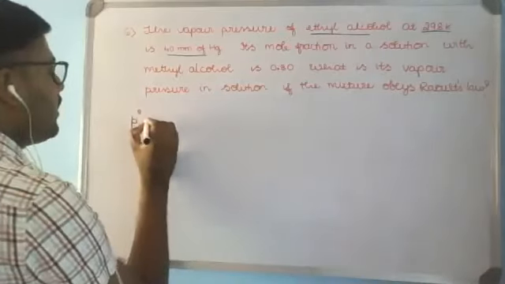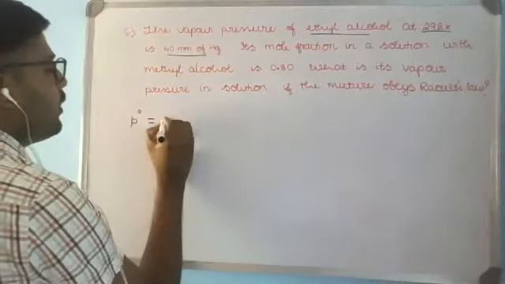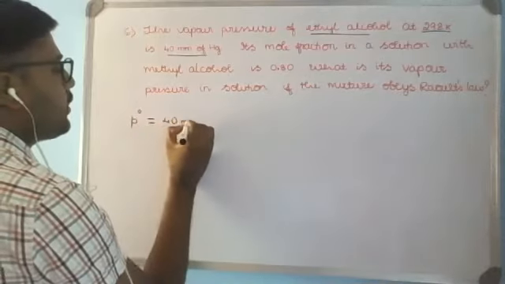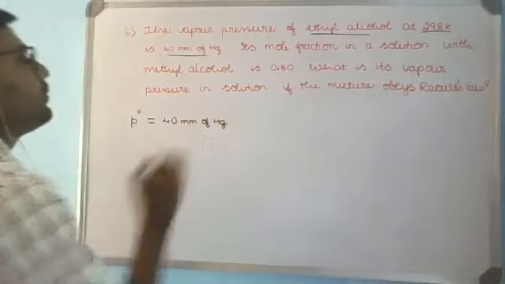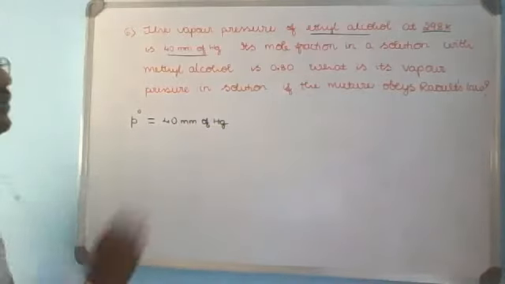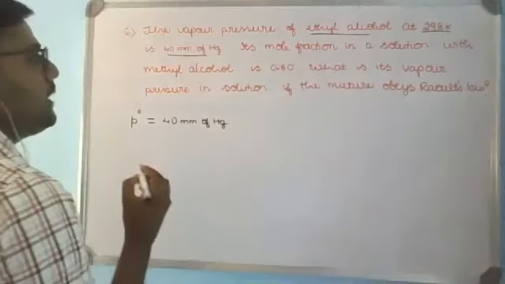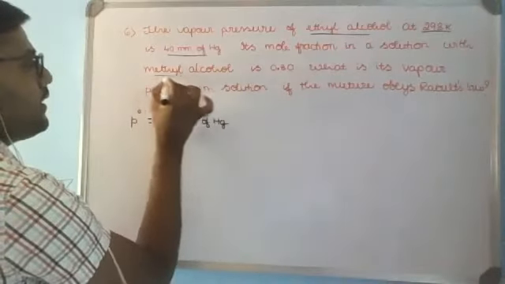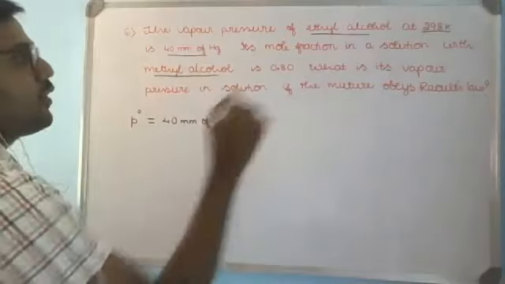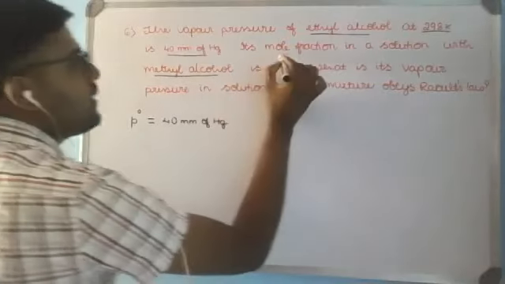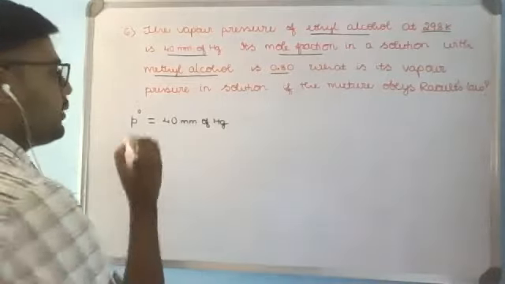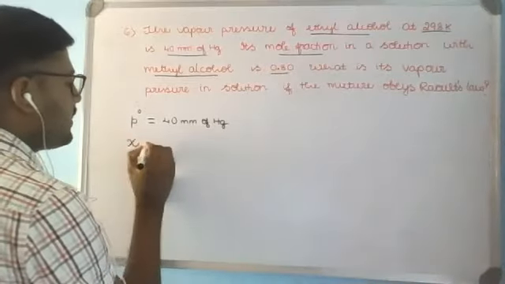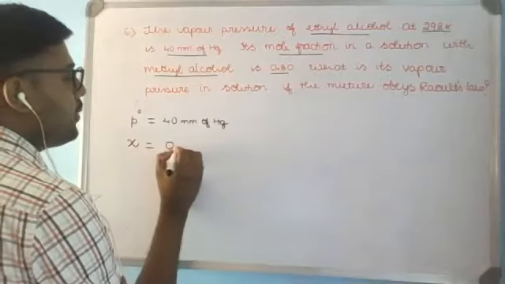So P naught is equal to 40 millimeters of mercury. Then its mole fraction in a solution formed by mixing with methyl alcohol is given. So the mole fraction is equal to 0.80.